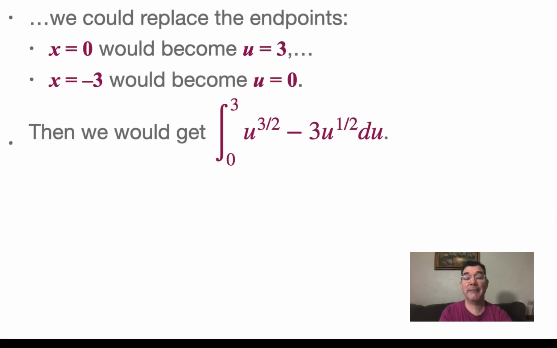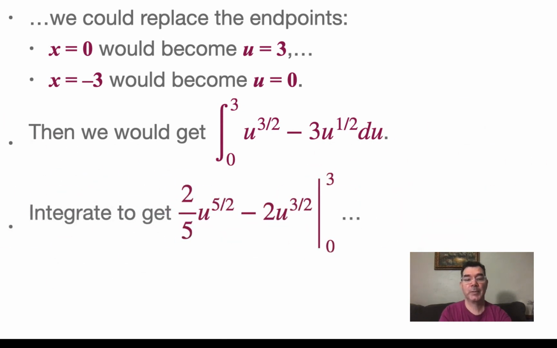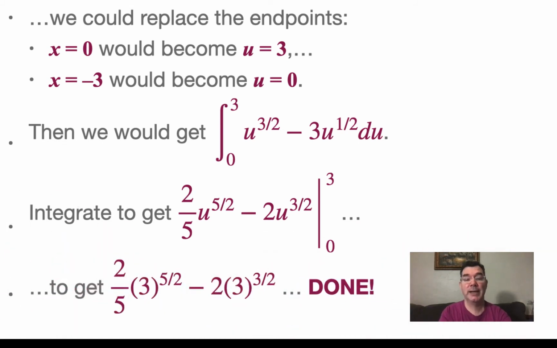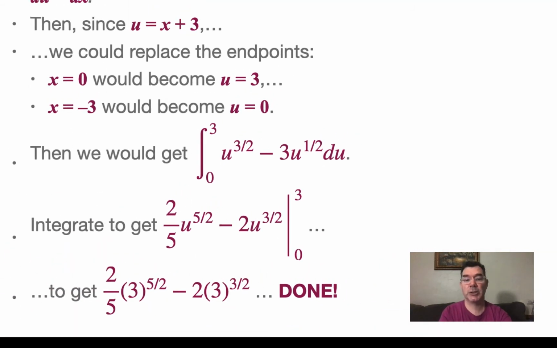So then I would have a definite integral that goes from 0 to 3. I would find the antiderivative in terms of u, and then I would be able to plug in the 0 and 3, because those are u values that I could plug into that antiderivative, and I would get the same answer.